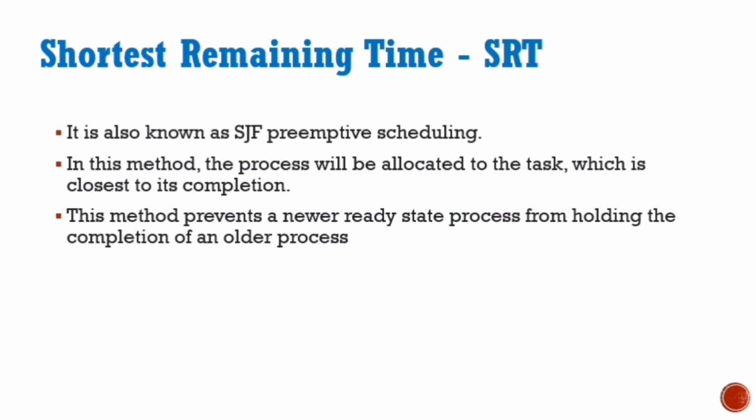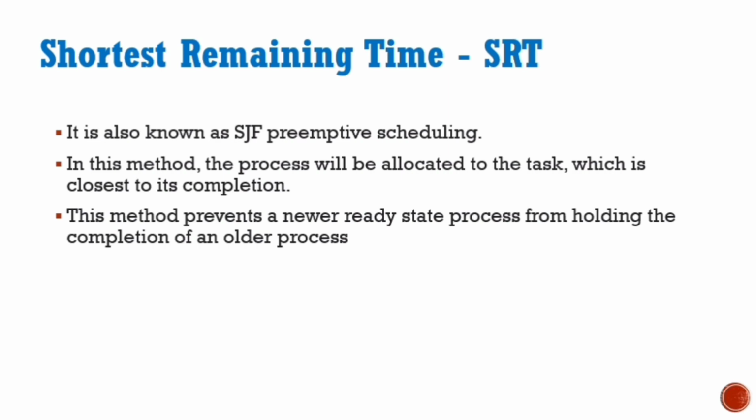Now, it also has a few interesting characteristics. SRT is one of those methods which is usually applied in batch environments, wherein the short jobs are required to be given preference. So whichever job is much shorter will be given a higher priority. But this is not a very ideal technique for a shared or distributed system, where the required time for the CPU is unknown, or it is not fixed.